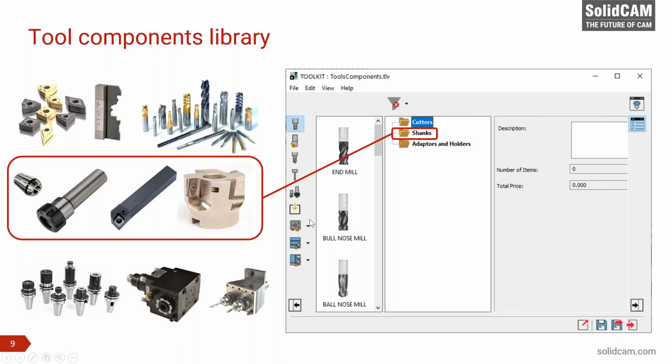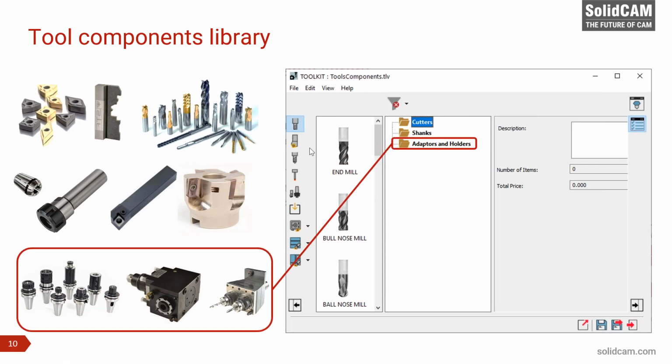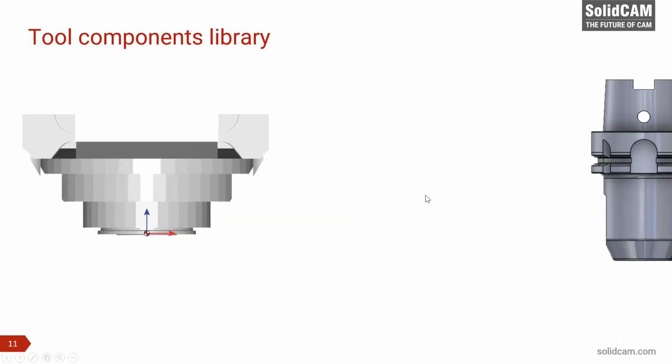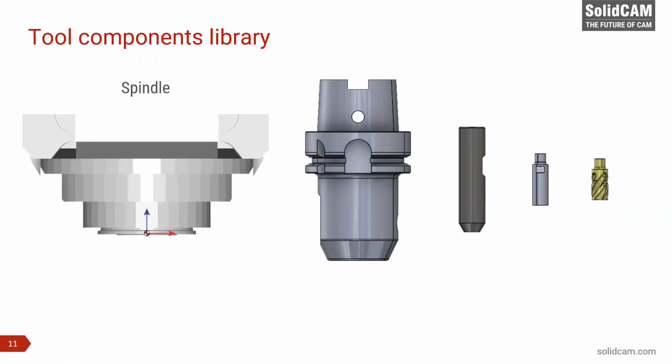And the third one is adapters and holders. You can assume everything that is connected, any holder, angular one, twin, doesn't matter, will all go into the adapters and holders folder. All right. And now, once you have a particular 3D model of your tool components, it's divided into many segments.